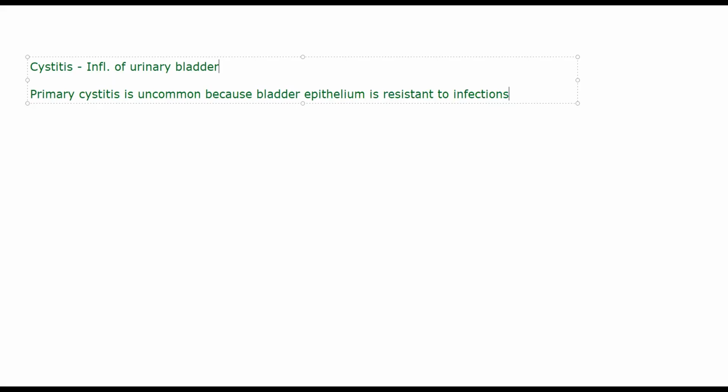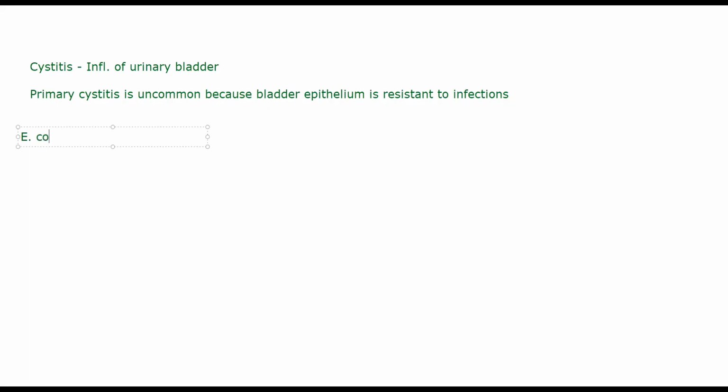Now, as it progresses, cystitis as such can be caused by bacteria and fungal infection. All of the bacteria and fungi that can cause UTI can lead to cystitis. So the pathogenic agents for cystitis will primarily include E. coli.